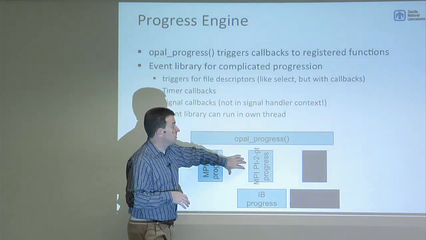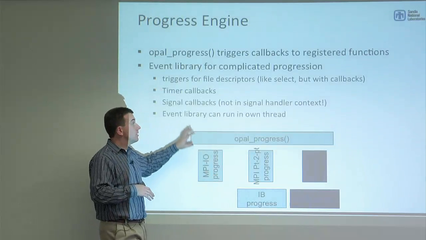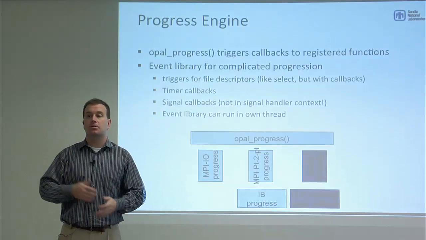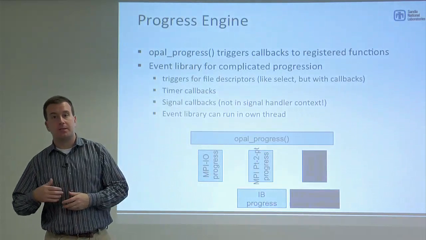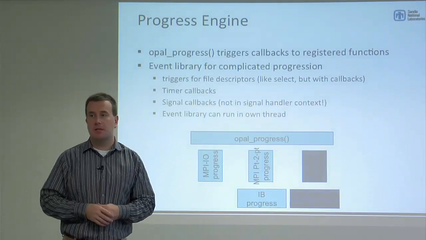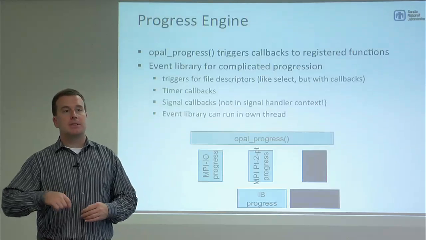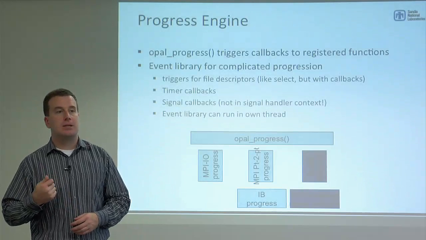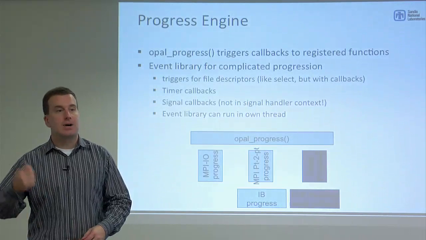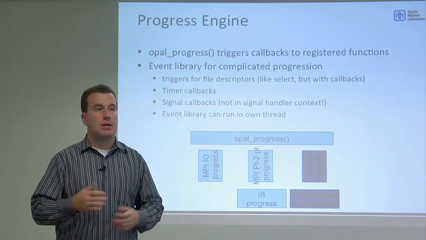But you can register a new progress function to be called, or there's an event library that's more complicated, but you give it either a timer saying, I want this to fire approximately every 1 second, or I want this callback to fire when this file descriptor is ready for reading or writing.